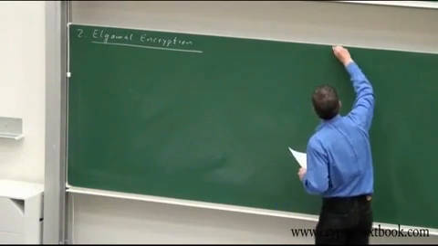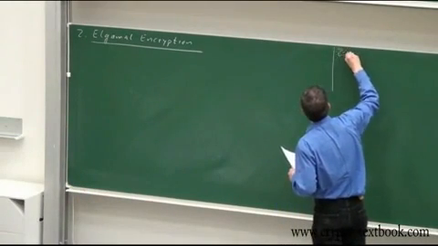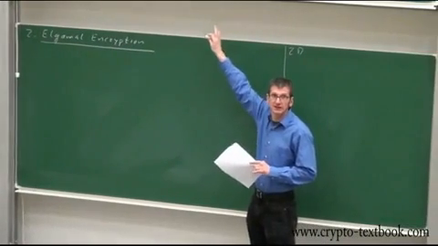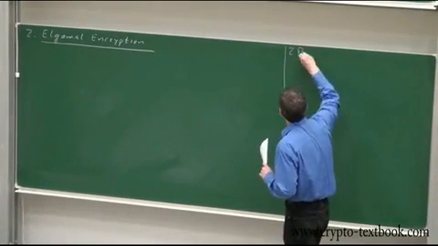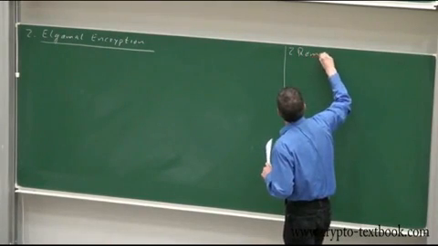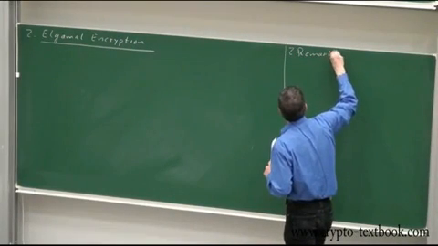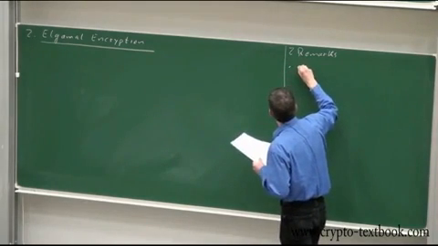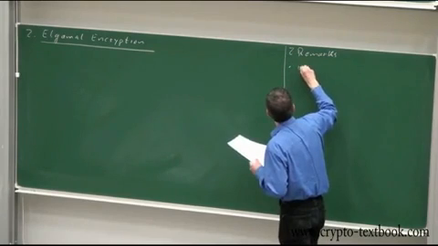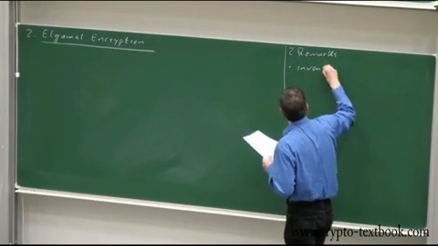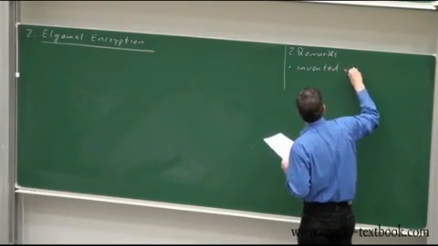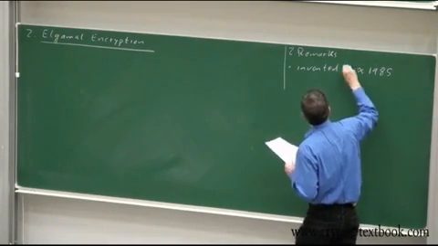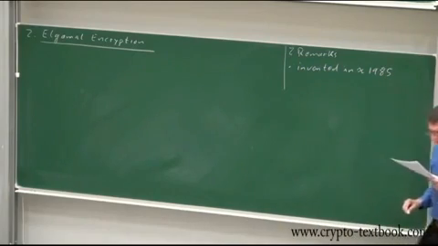I put here 2 remarks, because I want to have the protocol I'm going to develop just underneath. You can put these remarks wherever you want. Two remarks. Elgamal encryption was invented, I don't have the exact year, but I think it was around 1985.